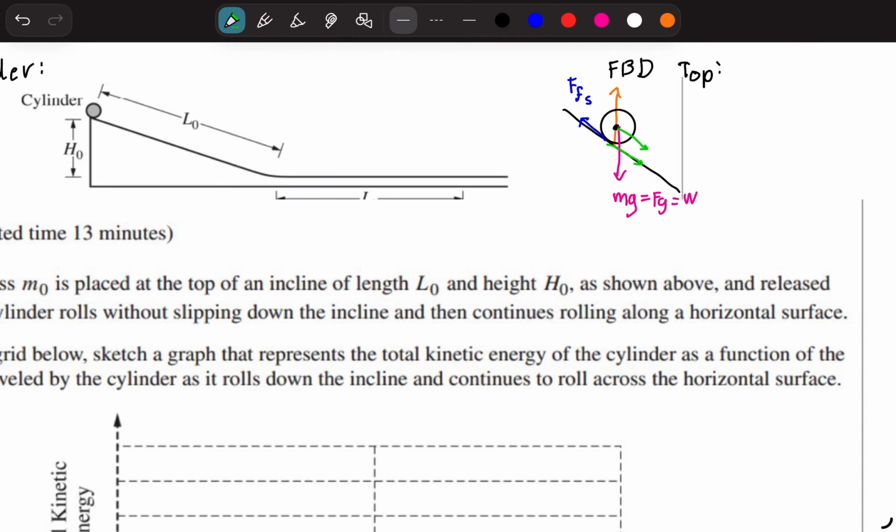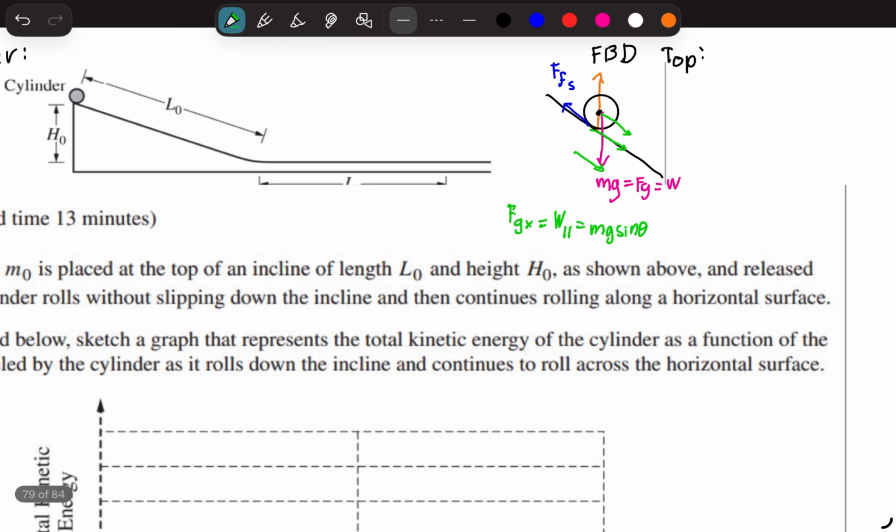So we can draw a triangle here. That is FG parallel to the incline, we can just write weight parallel. That's going to equal mg sine theta.